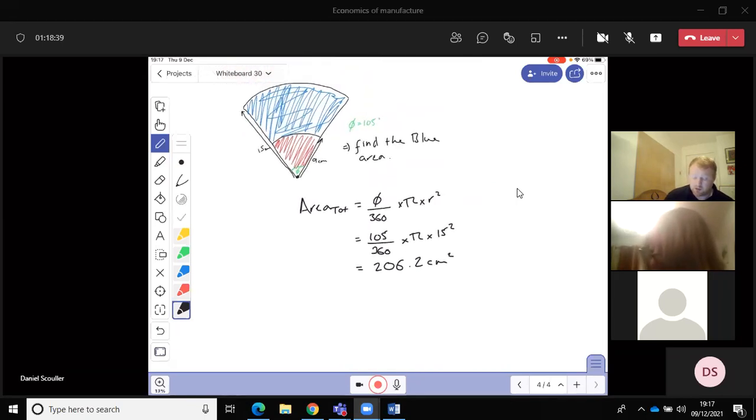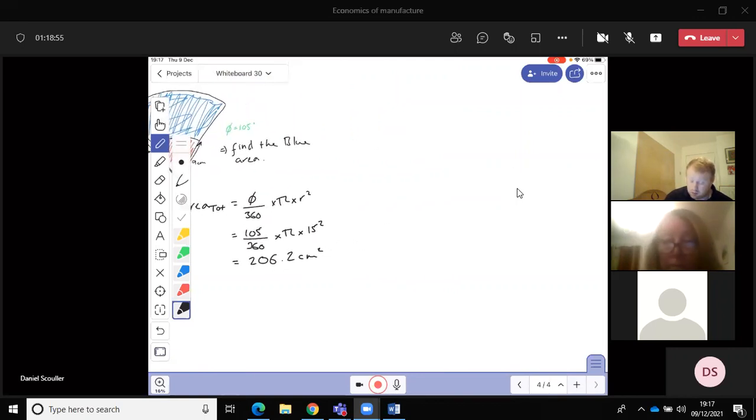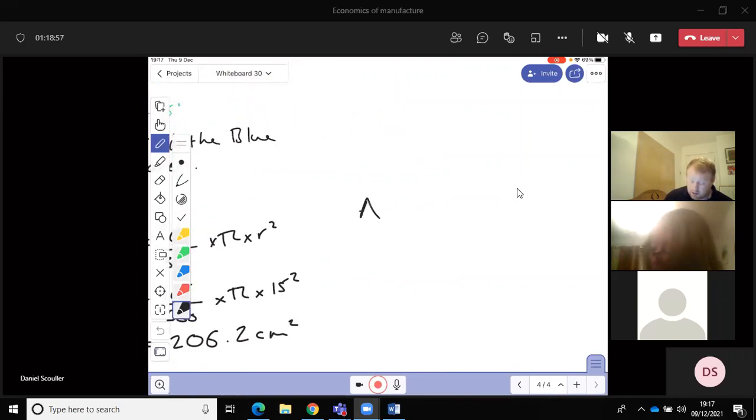So the question is find the area of the blue. So I'm going to do that total area minus the red area. I want to find the area of the red part and take that away from the total, and that will leave me with the blue area. So find the area of the red.